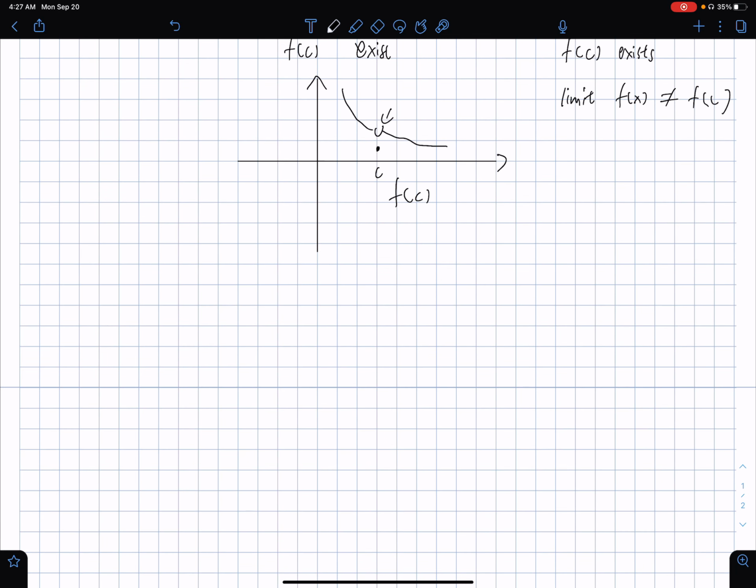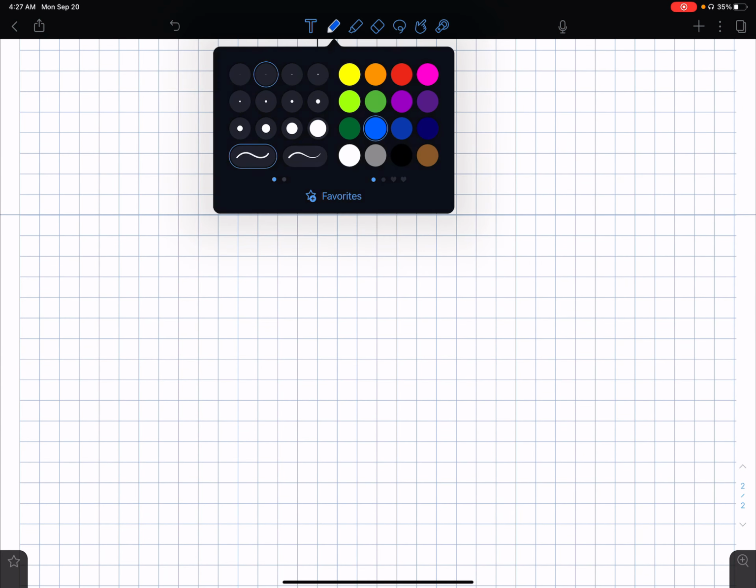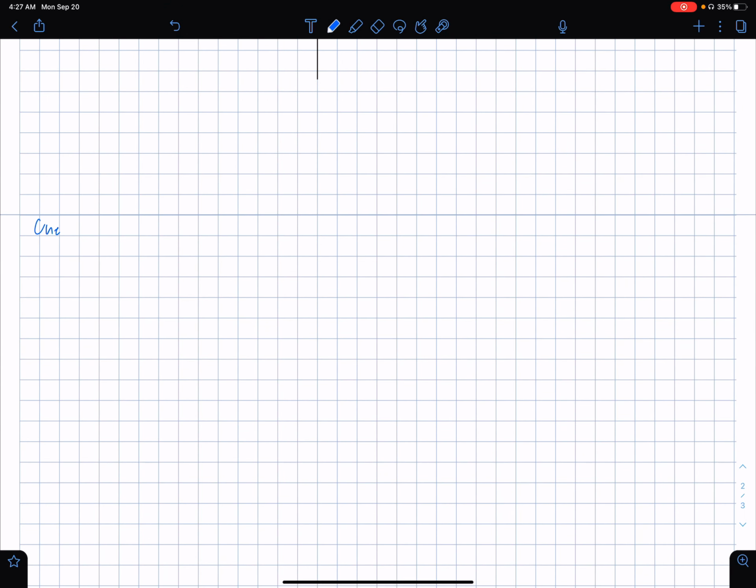Now moving on, we can discuss one-sided limits because it's so closely tied to continuities. So I can give an example here of a one-sided limit.